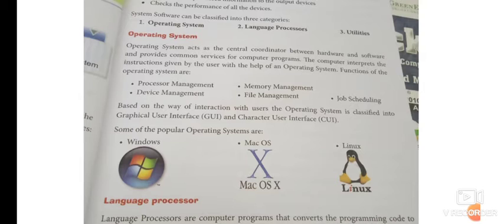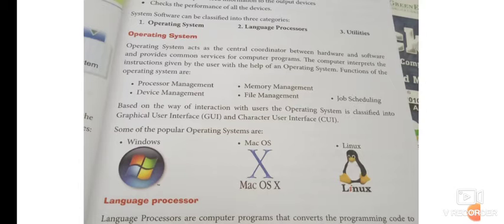The computer interprets the instruction given by the user with the help of the operating system. We know that the computer is a dumb machine. It cannot do anything on its own. The computer needs instructions, and these instructions are given through the operating system.